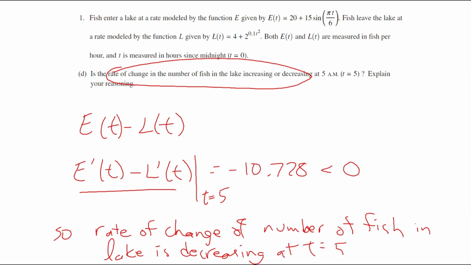And that is worth 2 points. 1 just for considering E prime of 5 minus L prime of 5, and 1 for the answer of decreasing with the explanation. And that is the end of this question number 1 from the 2019 AP Calculus AB exam. That's a rate question, and that's the end of it.